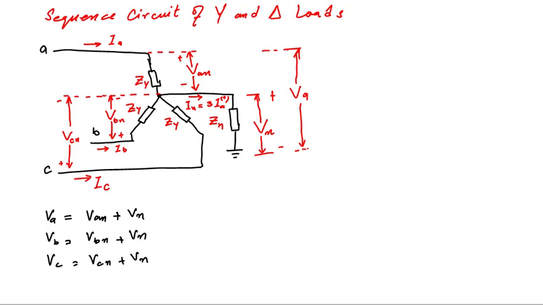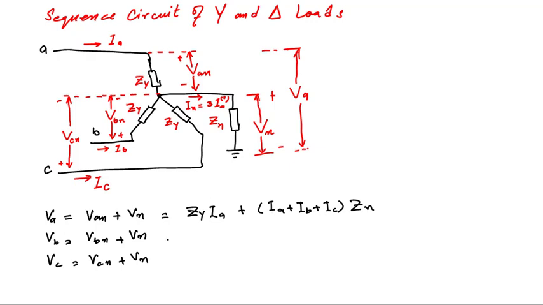You can readily verify these three voltages are equal to the sum of the phase to neutral voltage plus the neutral voltage. If I further expand these, we can write VA as ZY IA plus VN, where VN is equal to IA plus IB plus IC into impedance Zn. So that is current IN, the sum of the three currents.